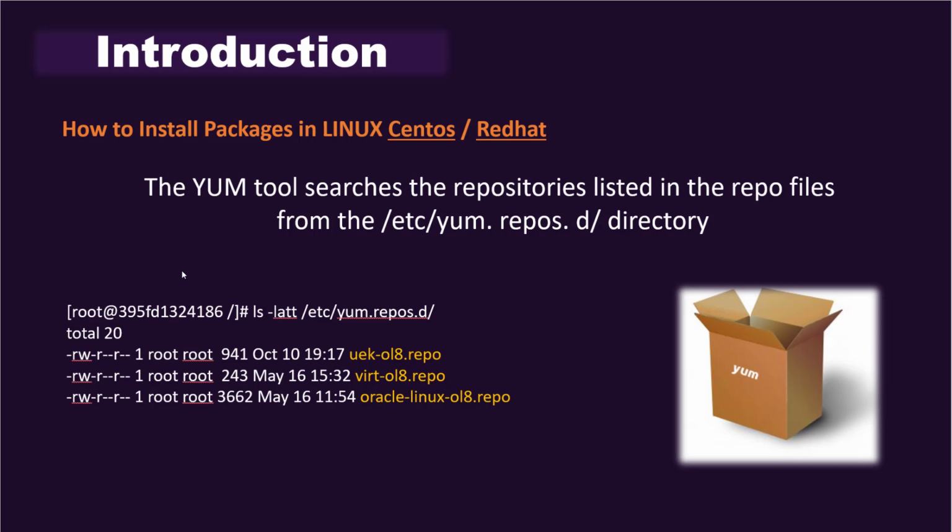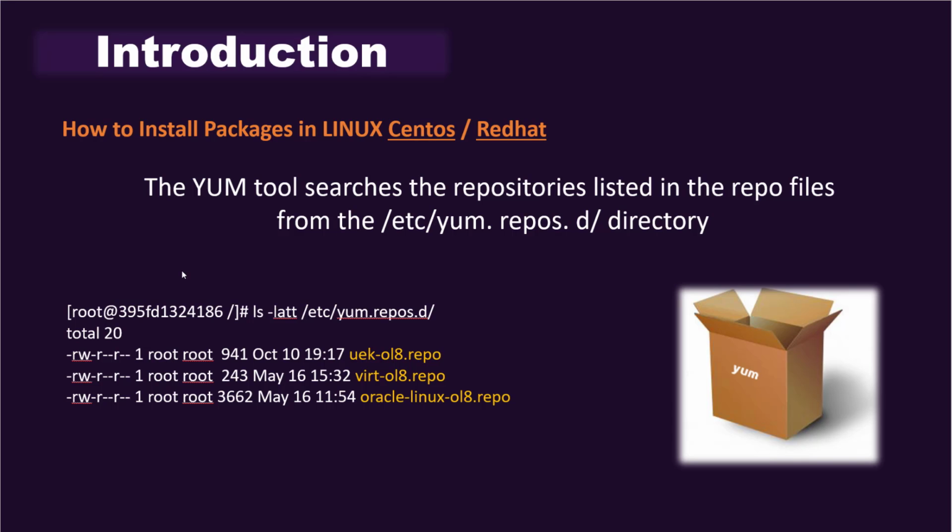If you are using Linux and you want to install a package or application on your machine, normally you are using Yum or apt. Yum is used in CentOS or Red Hat based distributions, and apt is based on Debian systems.